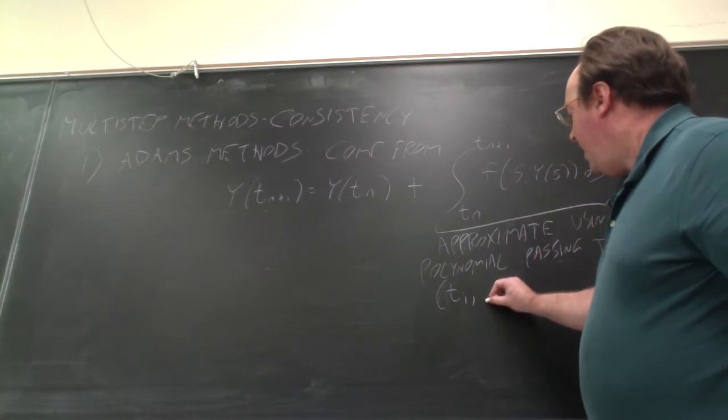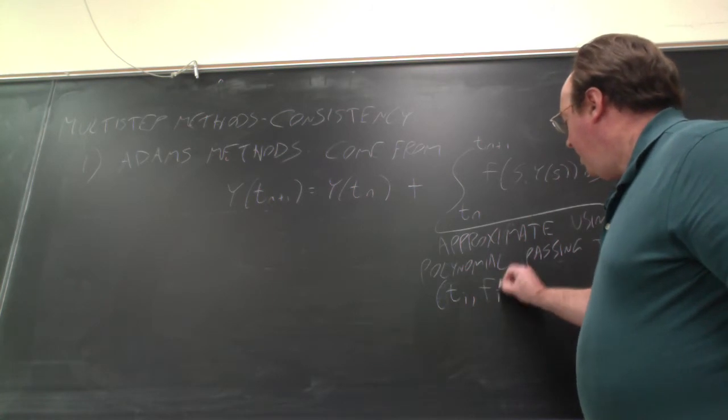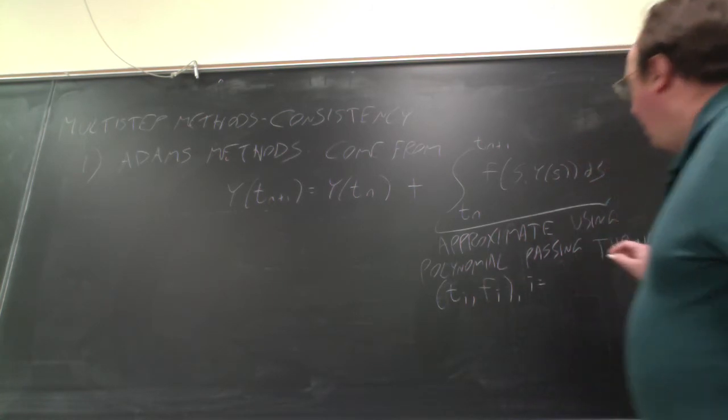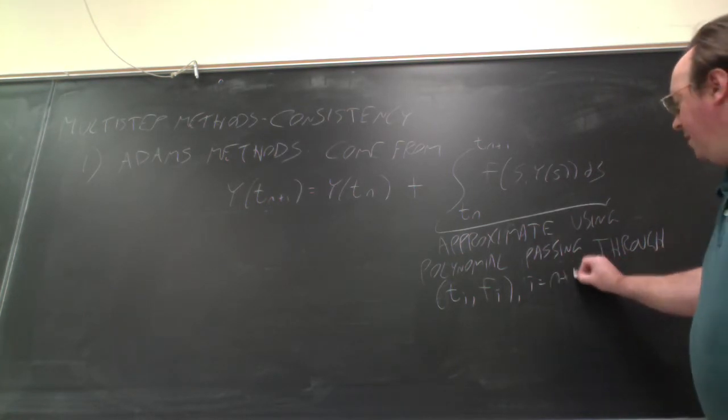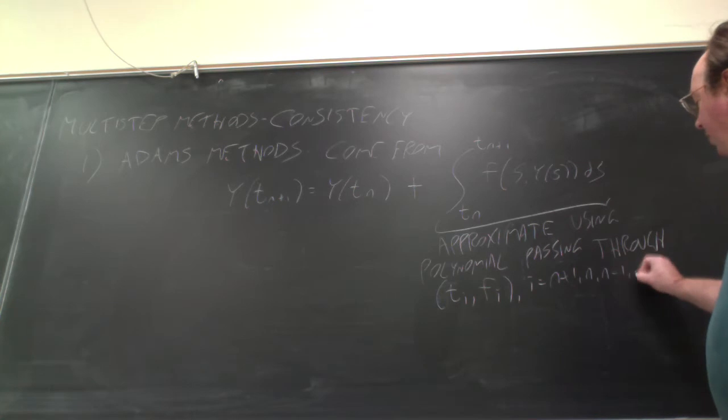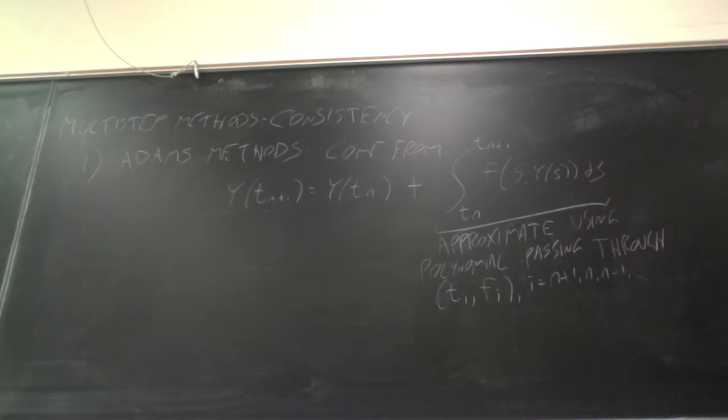So Ti and Fi for i equals n plus 1 and n minus 1 and so forth, all the way down to n minus m plus 1, where m is how many steps are in a method, because a multistep method has m steps.